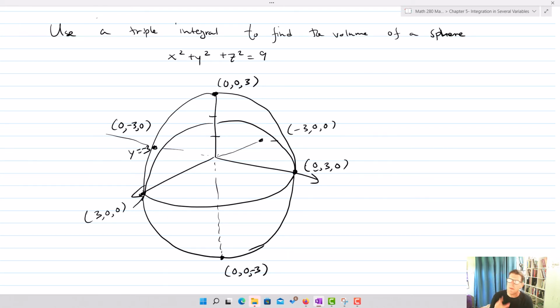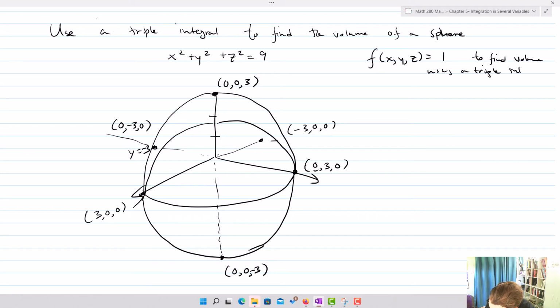If you remember, when we wanted to find area, we would take the double integral, and our function would be f of x,y equals 1. Now we're looking to find volume. So if we just want to find the volume of a figure, we'll find the region. We'll dictate what the region is going to be, and we're going to use the function f of x,y,z equals 1 to find volume using a triple integral.